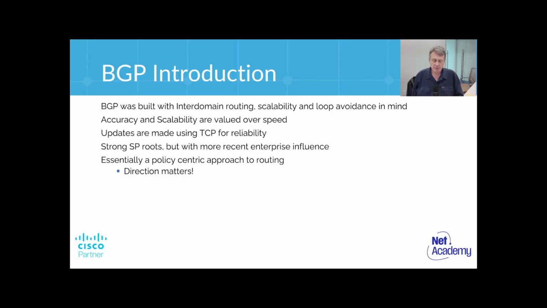Let's go ahead and get some of that background information, right? So you need to really think about where BGP came from and what its intention was. The first thing to keep in mind is it was really built to solve the problem of large-scale inter-domain routing and loop avoidance, right?